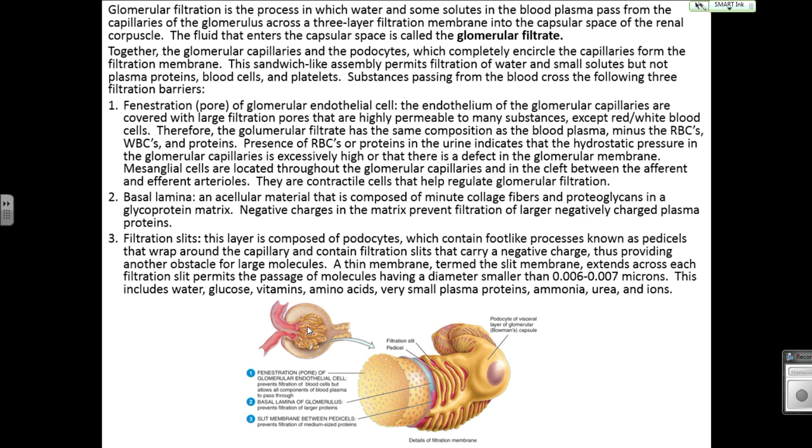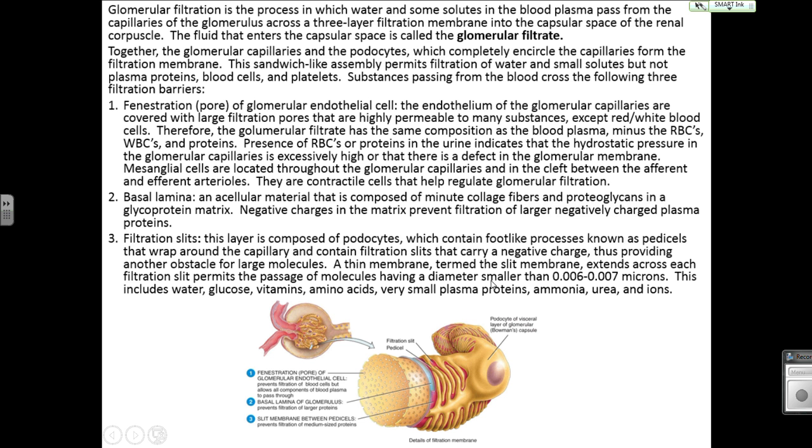And in order for that stuff to leave the blood, it has to cross through these three layers, which are called the filtration membrane. It's kind of like the respiratory membrane in our lungs, which is what oxygen and carbon dioxide had to cross. This is a little more complex for good reason. We don't want everything leaving the blood. We just want the small stuff.